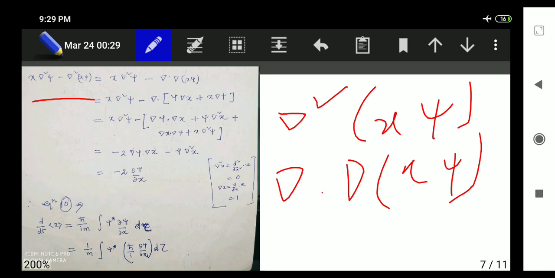So if you can write del dot del xi, then I can further go. What I'll do, I'll keep this del dot outside and I'll take this del inside.